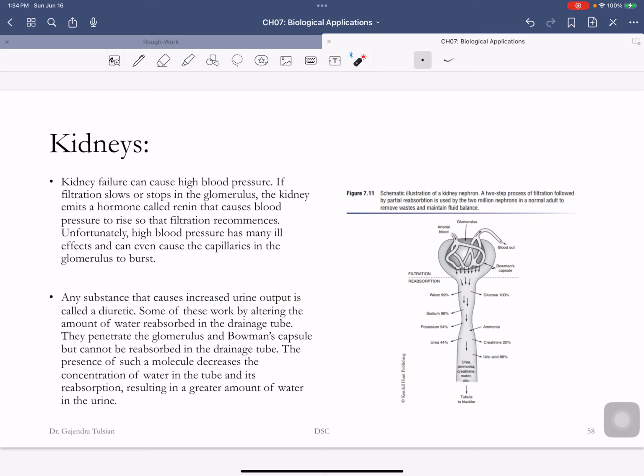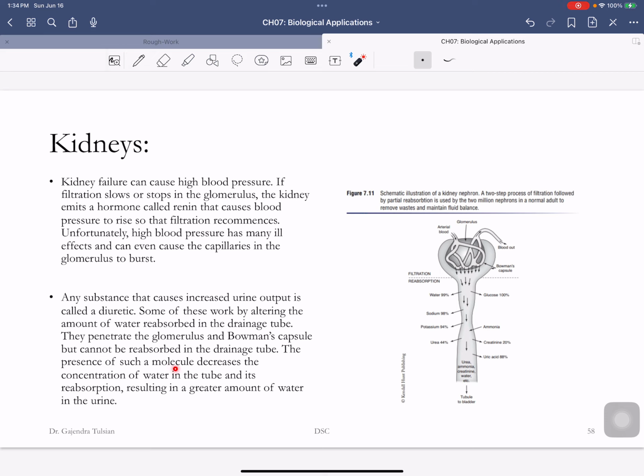Some of these work by altering the amount of water reabsorbed in the drainage tube. They penetrate the glomerulus and Bowman's capsule, but cannot be reabsorbed in the drainage tube. So these diuretics go across the Bowman's capsule, but they cannot be reabsorbed.